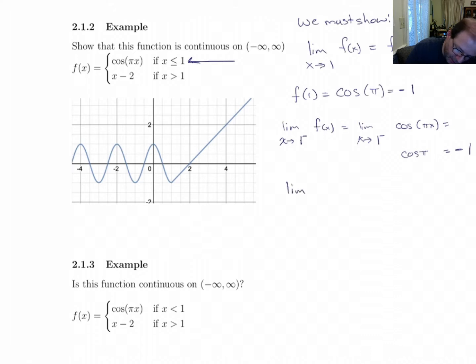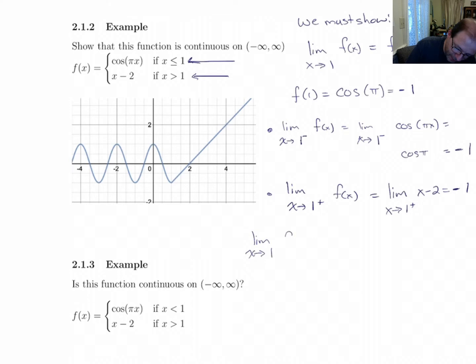And if we do our other limit, as x goes to 1 from the right side, x is bigger than 1, so that's going to use the second bit. That's the limit as x goes to 1 from the right of x minus 2, so negative 1. So both our left and right-sided limits are the same. So we've got that the overall two-sided limit is equal to negative 1.